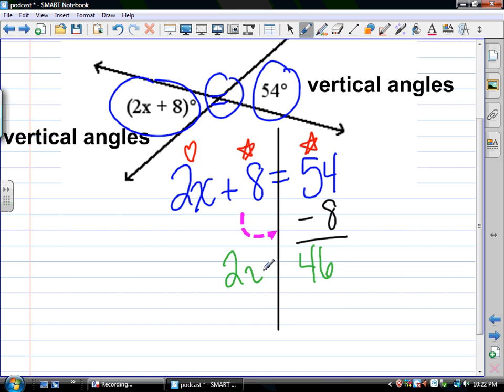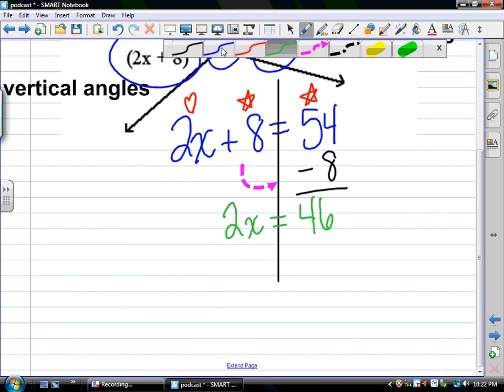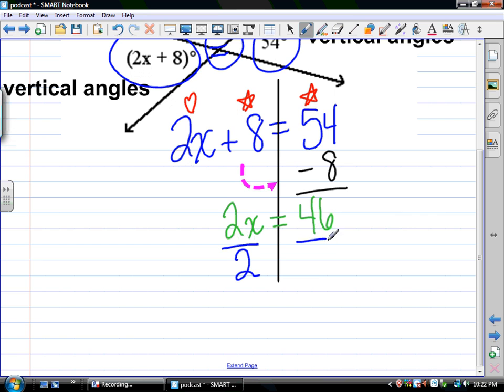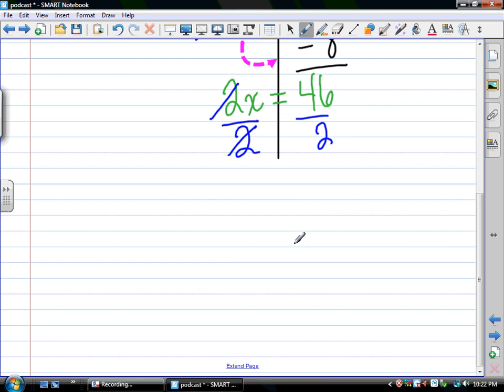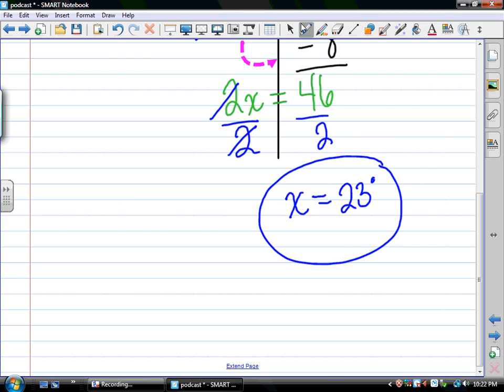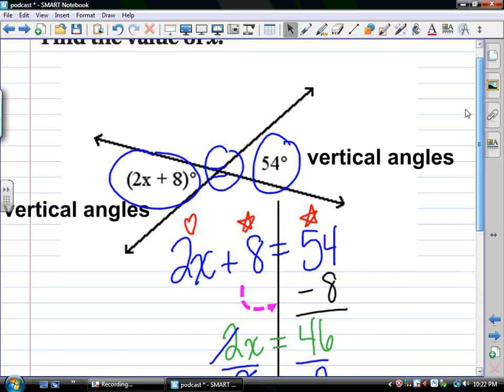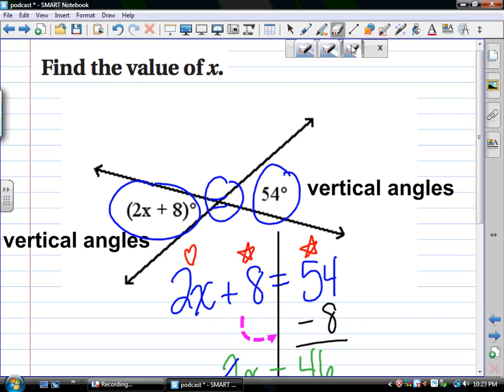Divide both sides of your equation by 2. 46 divided by 2 should give you 23 degrees. Excellent job if you said, Mr. Phillips, check your work.